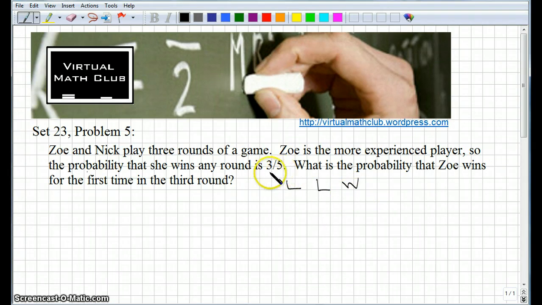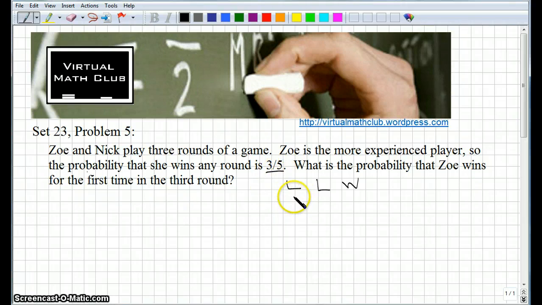So, well, my explanation of the solution to this will depend on how much experience you have with probability. So the easy way to do this, if you have some experience with probability, is to say, well, if Zoe has a 3/5 chance of winning, then she has a 2/5 chance of losing.